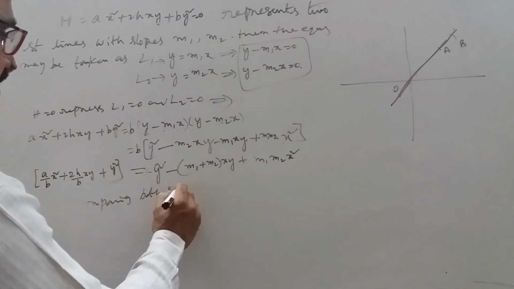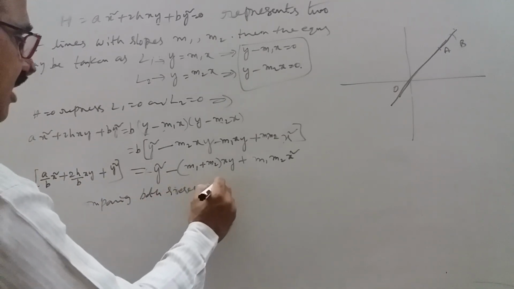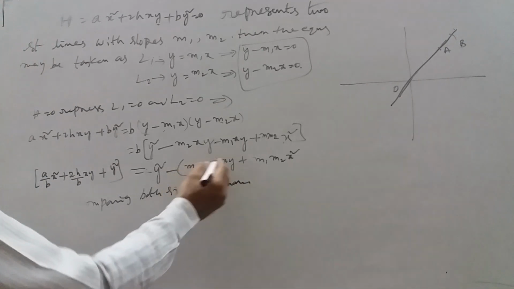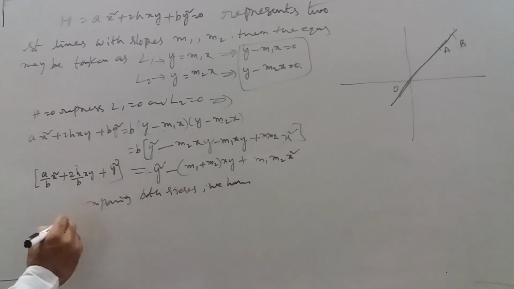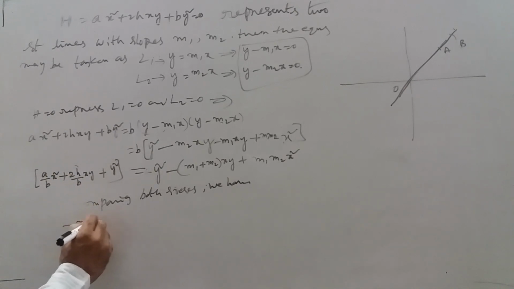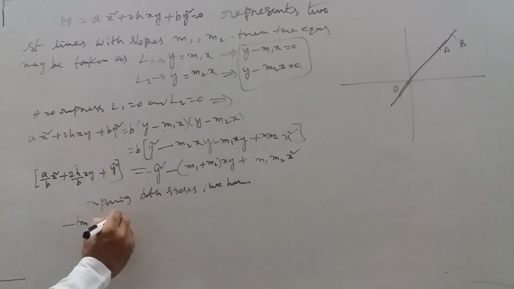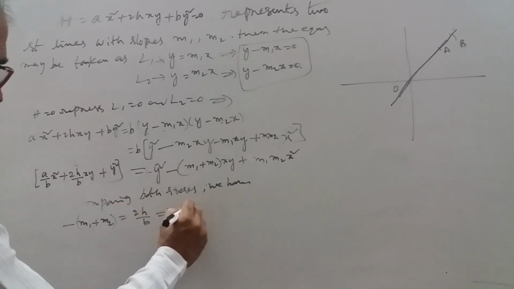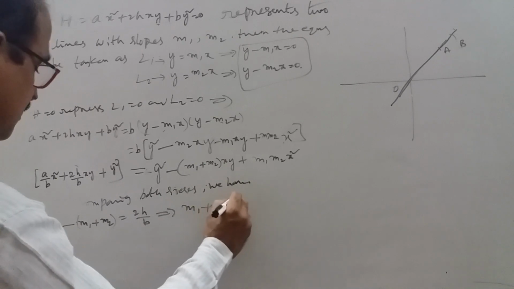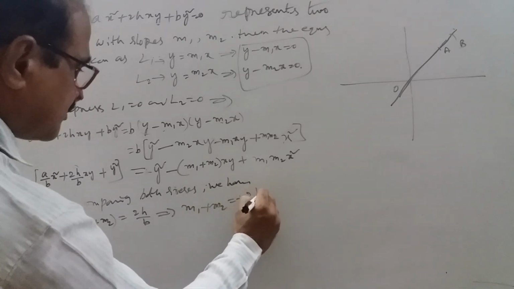Comparing both sides, the coefficient of xy is 2h by b, that implies minus of m1 plus m2 is equal to 2h by b, that implies m1 plus m2 is equal to minus of 2h by b.